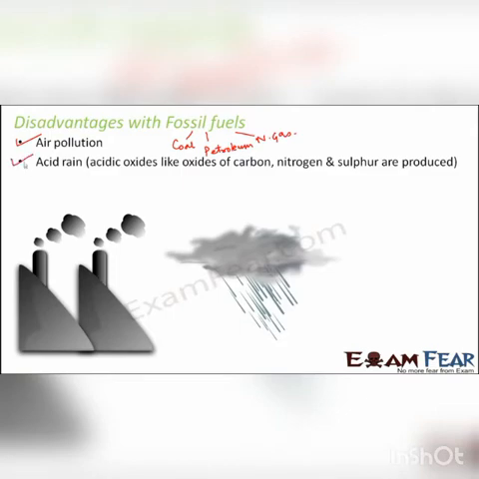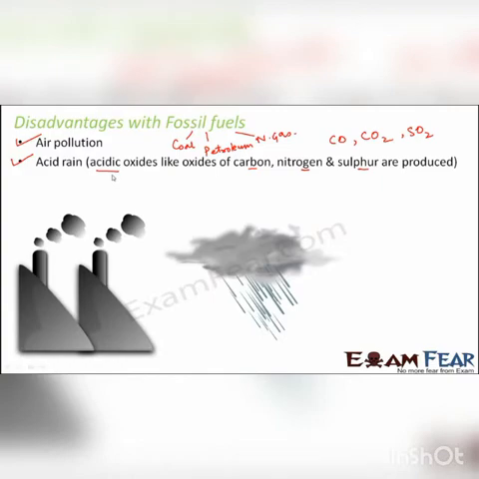Second, it can cause acid rain. The oxides which are released as a result of combustion of these fossil fuels, like oxides of carbon, carbon monoxide, carbon dioxide, nitrogen oxides, sulfur dioxide, are all acidic in nature. If you remember the lesson on metals and non-metals, I told you that oxides of non-metals, and here these are all non-metals, carbon, nitrogen, sulfur, are all acidic in nature.